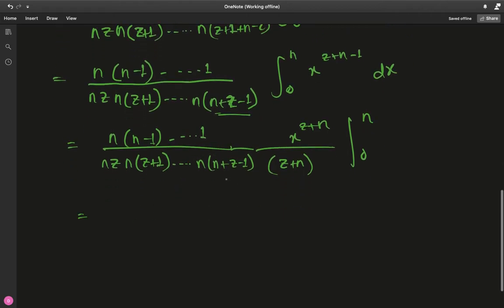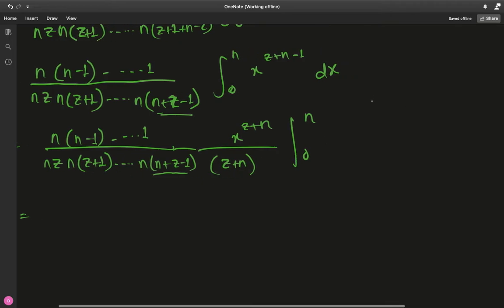And before evaluating this, I would just like you to tell me how many terms of n there are. So n is being multiplied with itself how many times? If you notice, for every linear z term there was an n term, until this term. This came afterwards. So how many of these z terms are there? Let's check.